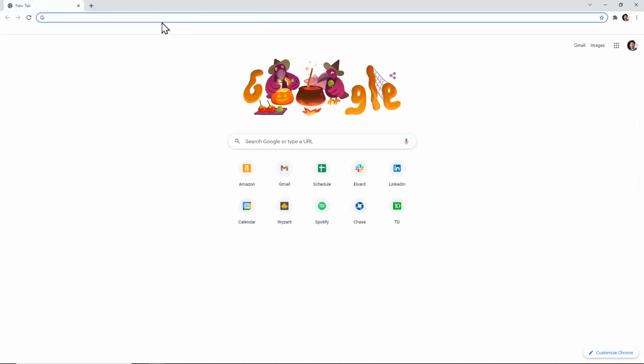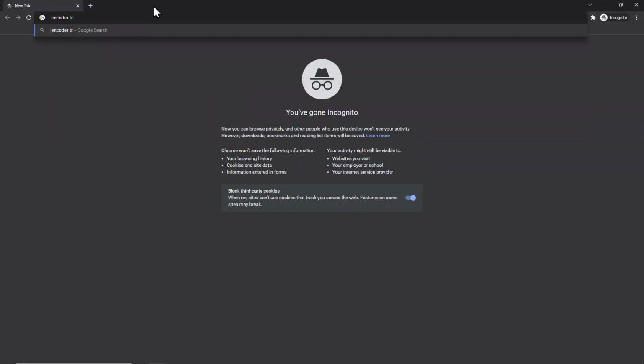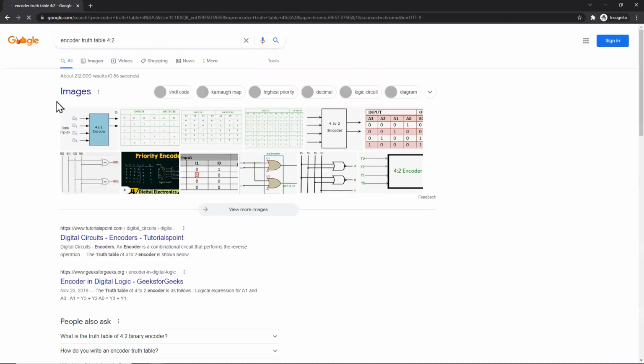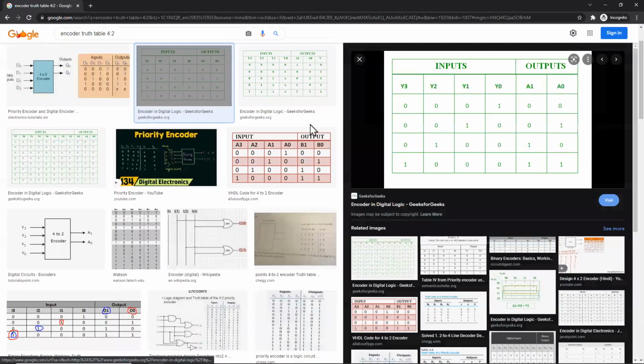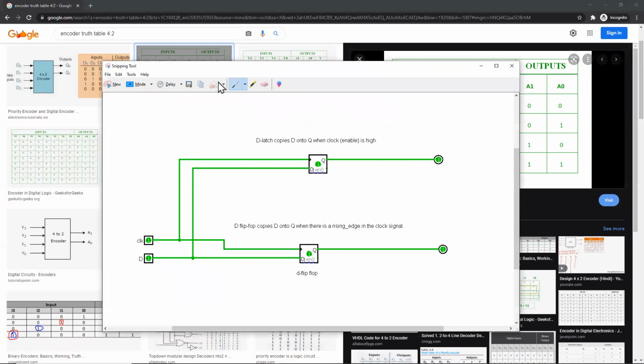Let's close all other tabs, and then go to encoder truth table 4 to 2. And here it is. We just copy that, and now you'll know how the encoder works. See how it's 1 hot, just like we did earlier? It's basically the exact opposite of the decoder, so you literally just reverse.